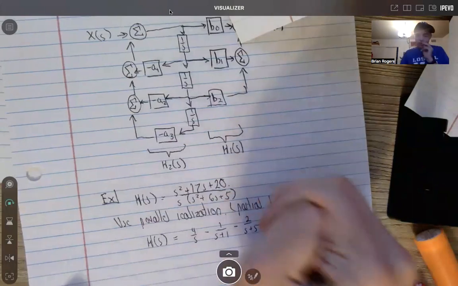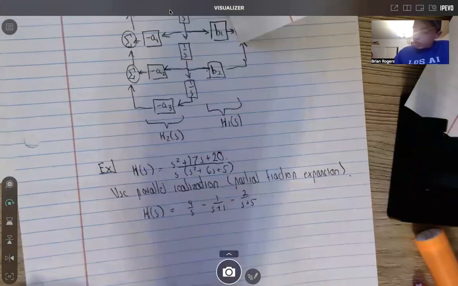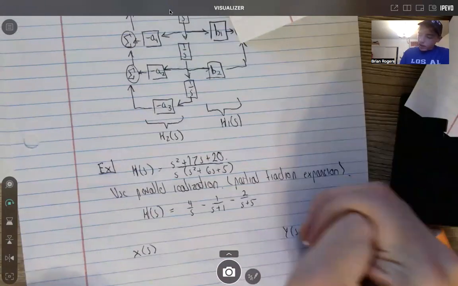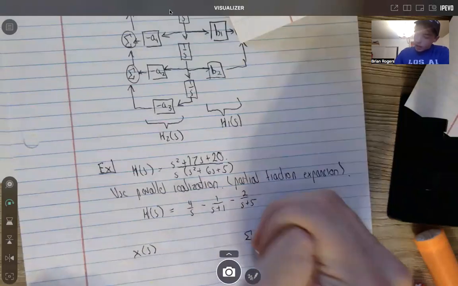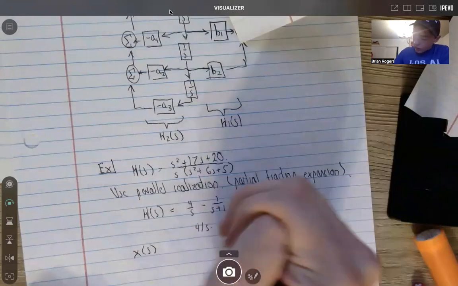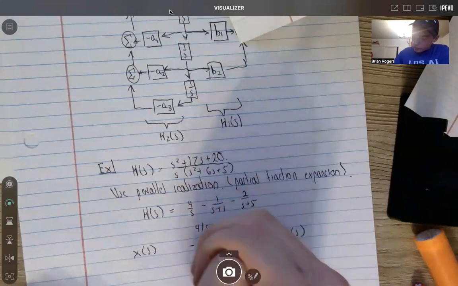And so if you had to draw the block diagram, remember, you always have an input and an output with your block diagram. That's the first place to start. Then you have all these three and it looks like they're summed together. One's going to be 4 over S, one's going to be negative 1 over S plus 1, and the other one's going to be negative 2 over S plus 5.